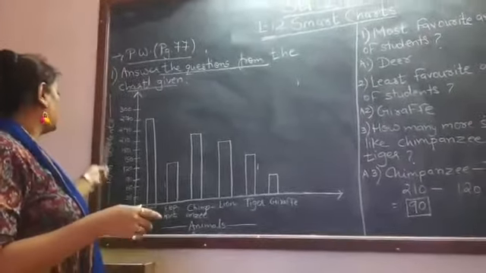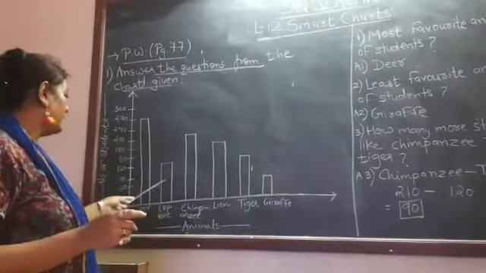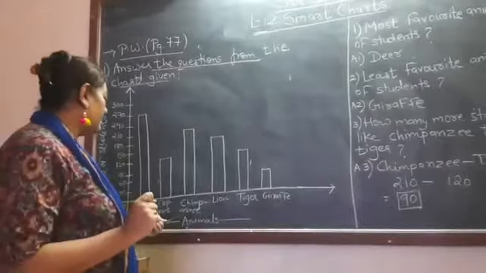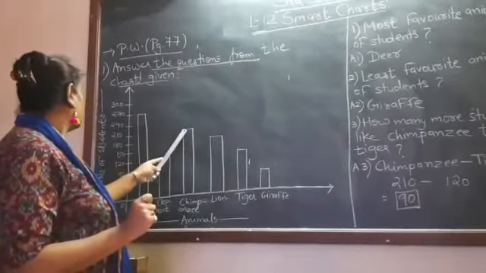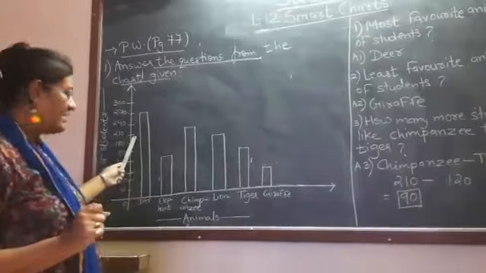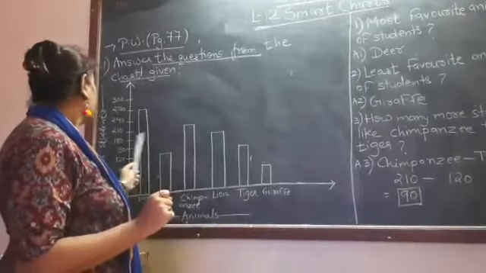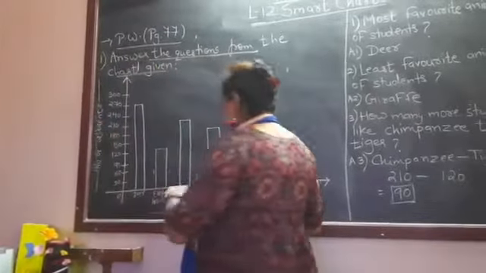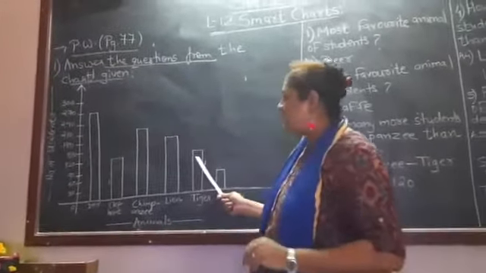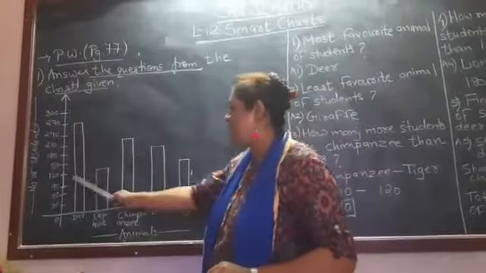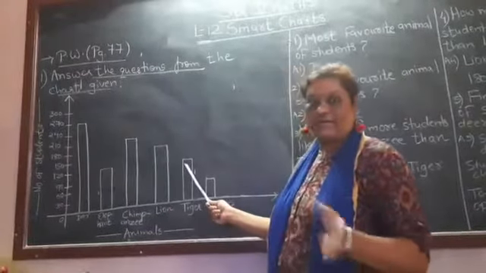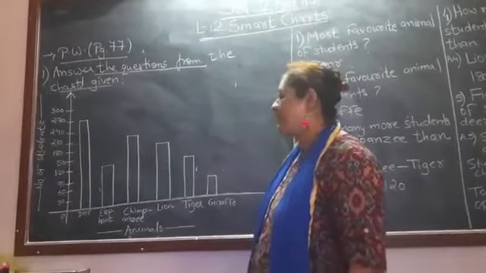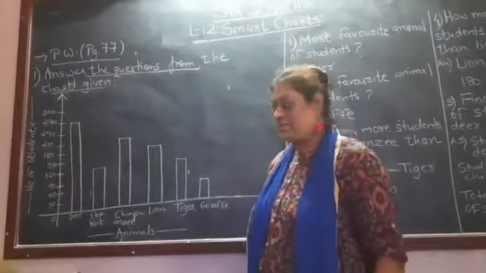Deer is liked by 270 students. Then chimpanzee is liked by 210. Lion is liked by 180 students. Tiger is liked by 120 students, and giraffe is liked by only 60 students.